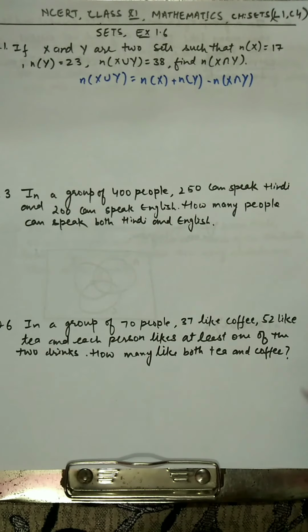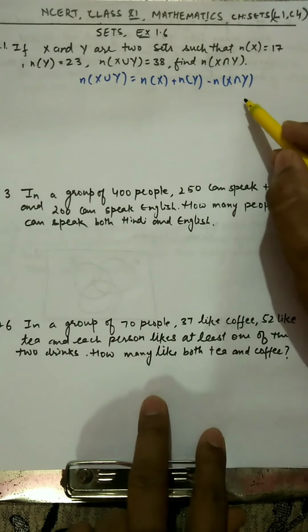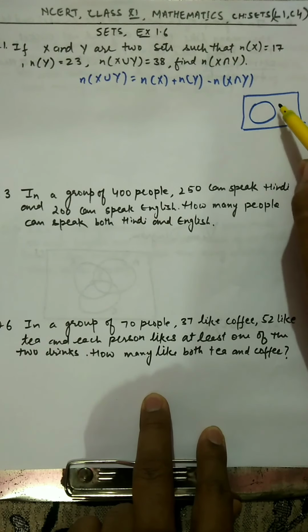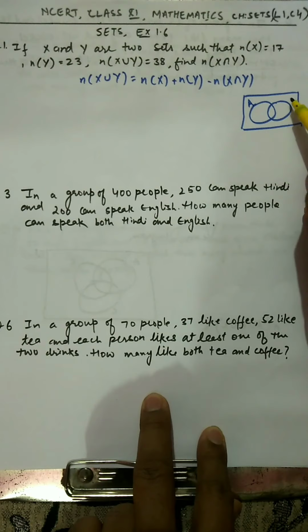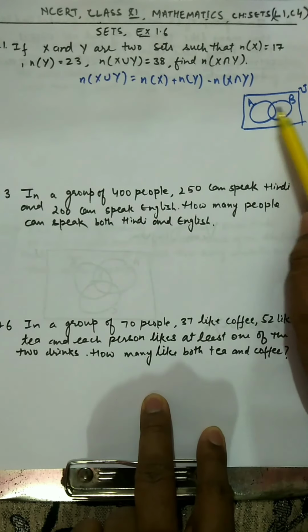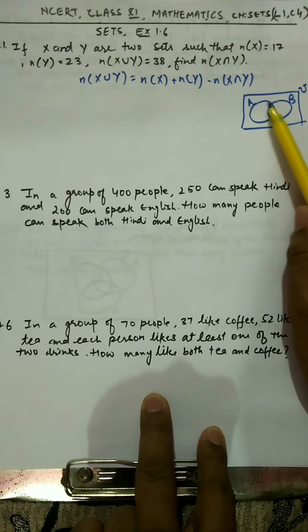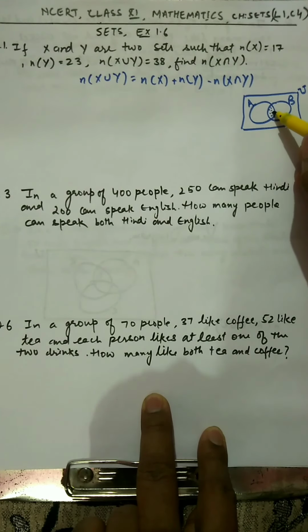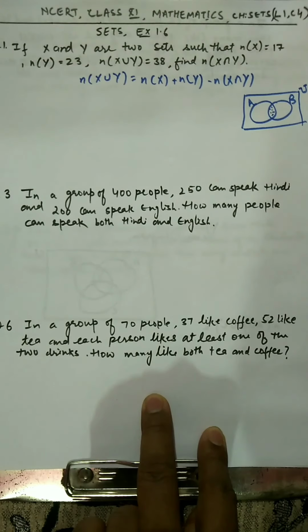That was the formula we learned in the previous class, and with the help of a Venn diagram you can understand it again. If this is A and this is B, then consider all elements in A union B. When I count complete A, this dotted portion is counted once.